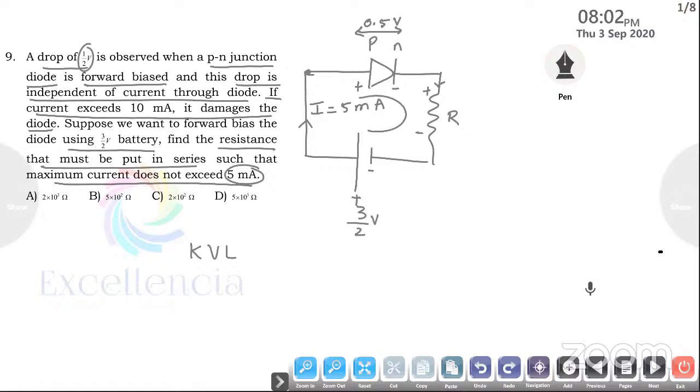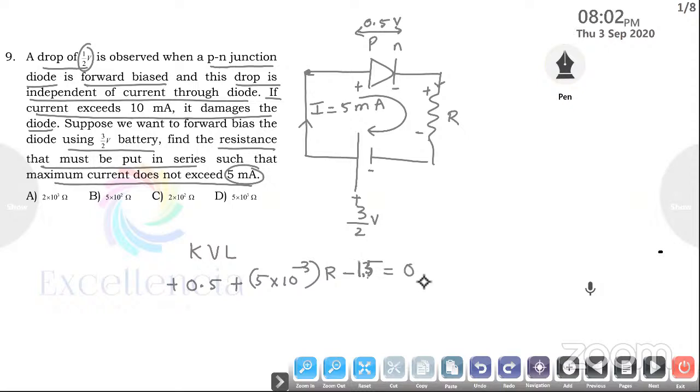Potential drop is positive, so plus 0.5, and then across the resistor, where the current is 5 milliampere, there is a potential drop again, positive 5 into 10 power minus 3 into resistance R, and then across this battery there is a potential rise, so minus 3/2 or 1.5, equal to 0.